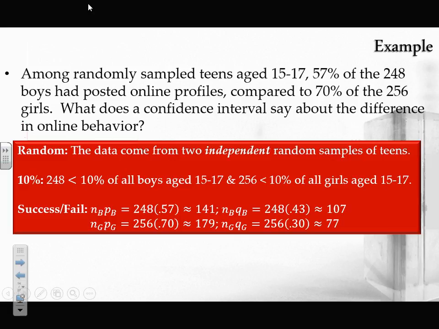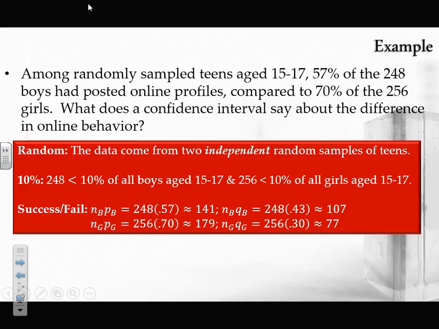Now, what we're looking at here is we're looking for the number of successes within our group. Now, if I were looking at the 248 boys, could 141.36 boys have online profiles? No, because you can't have 0.36 of a person, right? So you have to round to the nearest whole number. So 141.36 would round to 141. And then we do the same thing when we do NQ.